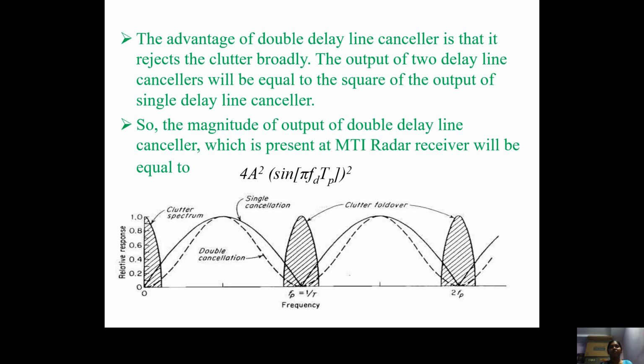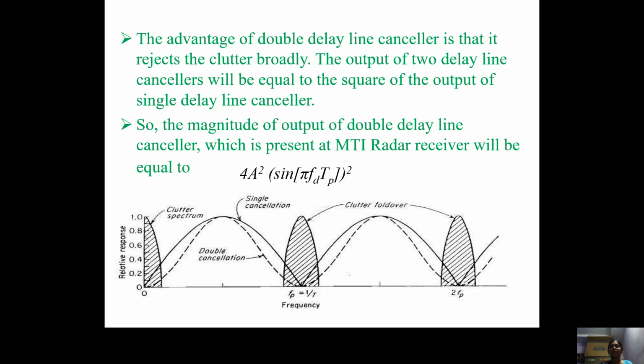The advantage of the double delay line canceller is that it rejects the clutter broadly. It will eliminate most of the DC components when we compare it to the single delay line canceller. The output of two delay line cancellers will be equal to the square of the output of the single delay line canceller.